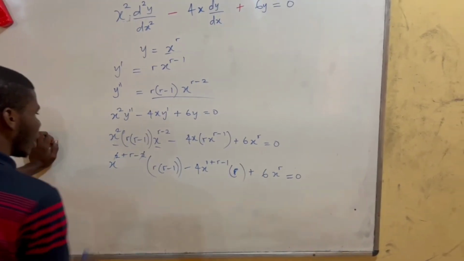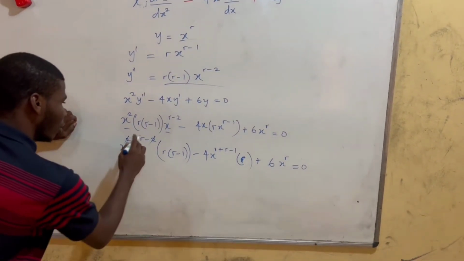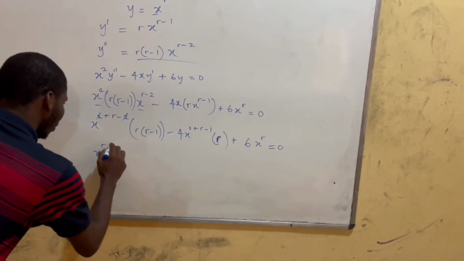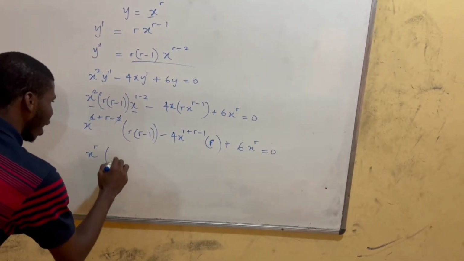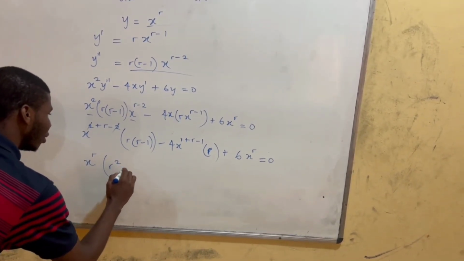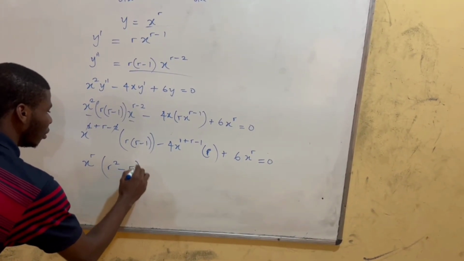So this cancels out, we are left with x to the power of r. Then we have r, we can open this bracket. We have r squared minus r.